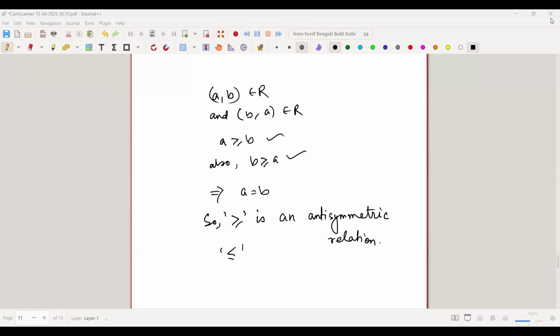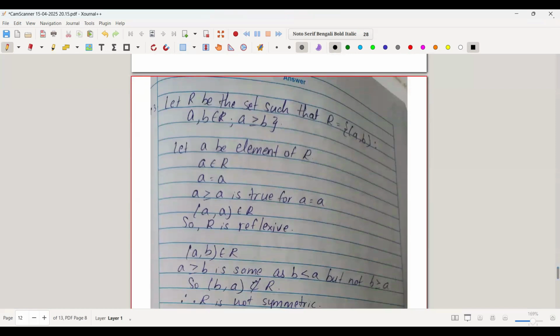Okay. So we have to show that R is such that (A, B) is equal to A greater than equal to B. So let A be an element of R. Why are you writing this in words? There are symbols.